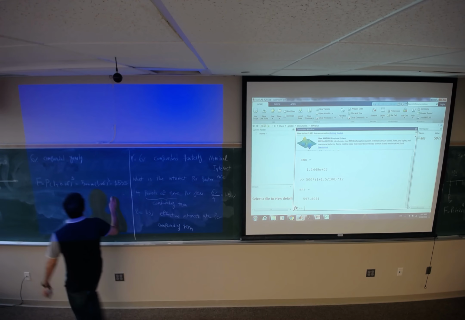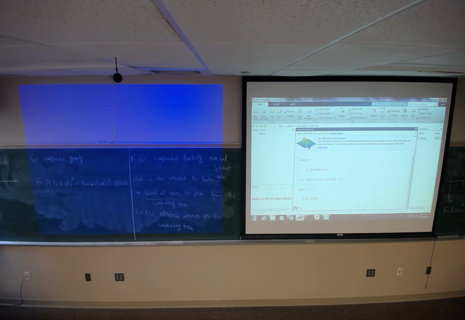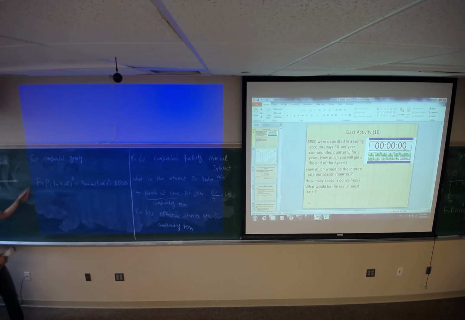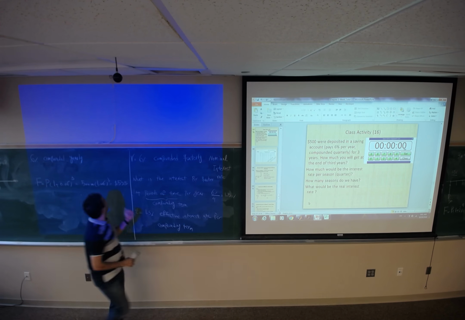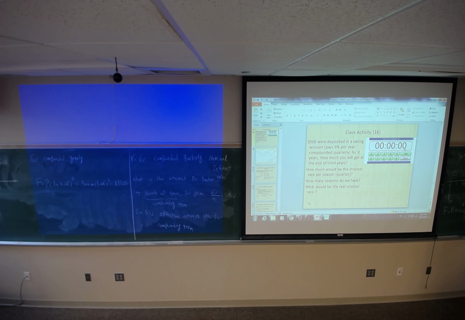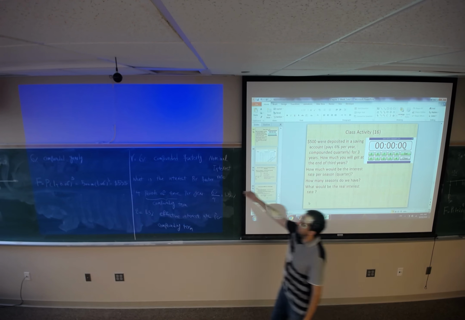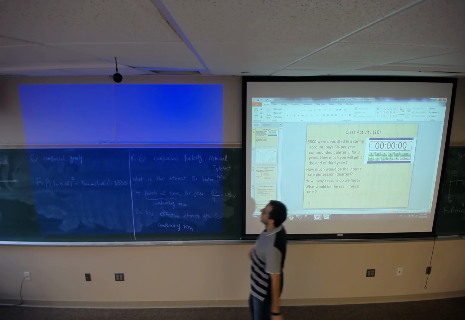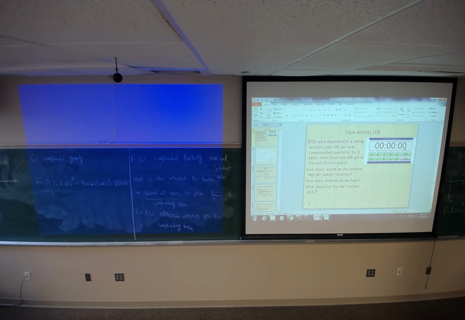So if it's 6% compounding yearly, I can get $595. But if it changed to the same interest rate, but this time compounding quarterly, I can get $598. Why is it different?